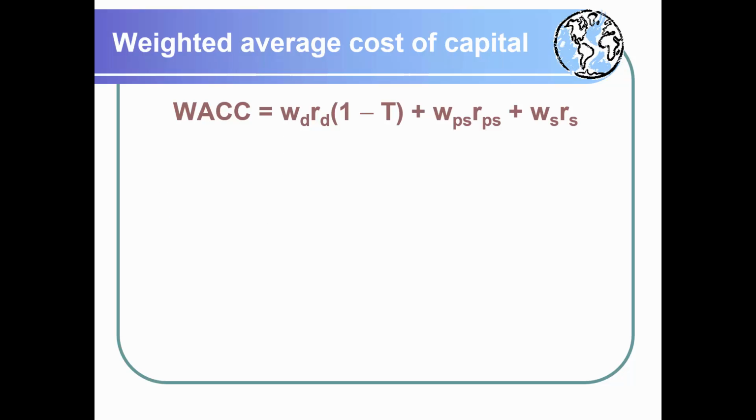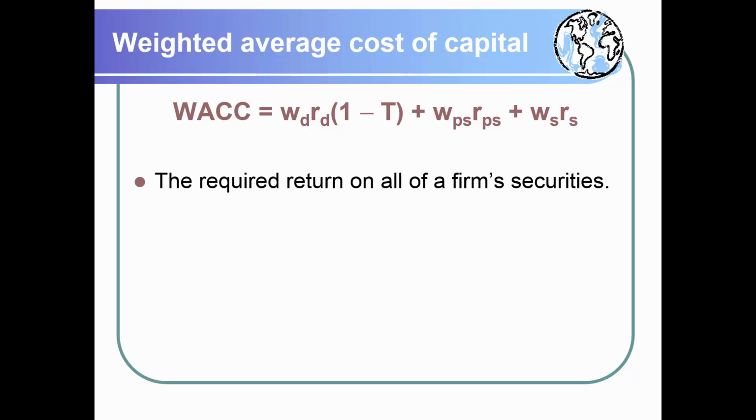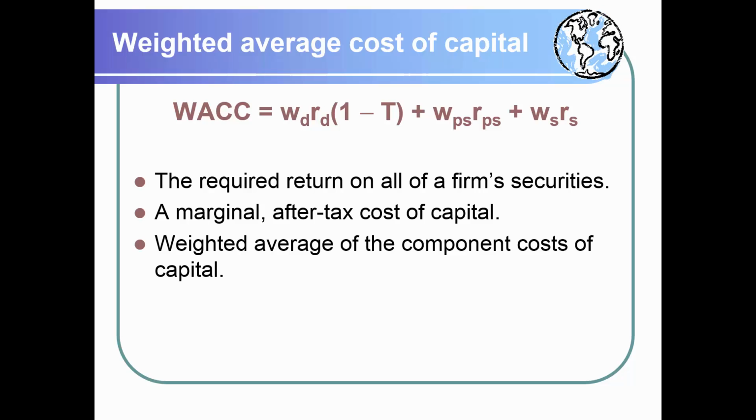So what is the weighted average cost of capital? The weighted average cost of capital is given by the weight of each security multiplied by the after-tax cost of that security. So the first security we have is bonds outstanding. WD stands for the fraction of bonds. RD is the cost of debt, and typically that is given by the yield to maturity of the bonds, and T stands for the tax rate.